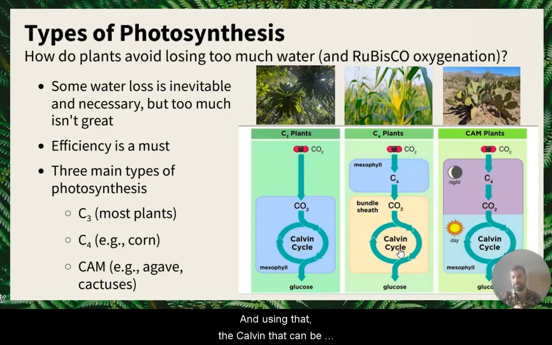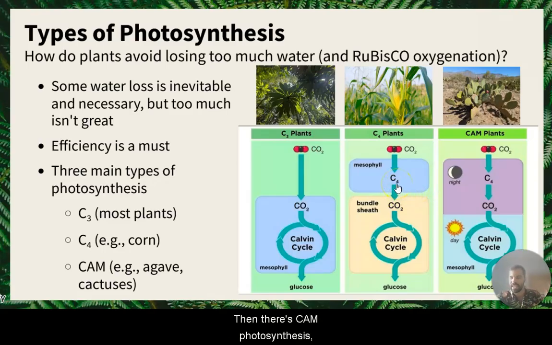And using that, it can be converted back into CO2, and then the Calvin cycle can be run. So it's sort of like a spatial isolation of some of these different processes of the light-dependent and independent reactions. So sort of adding a buffer with a different type of cell and storing that CO2 in a form that can be saved for later.